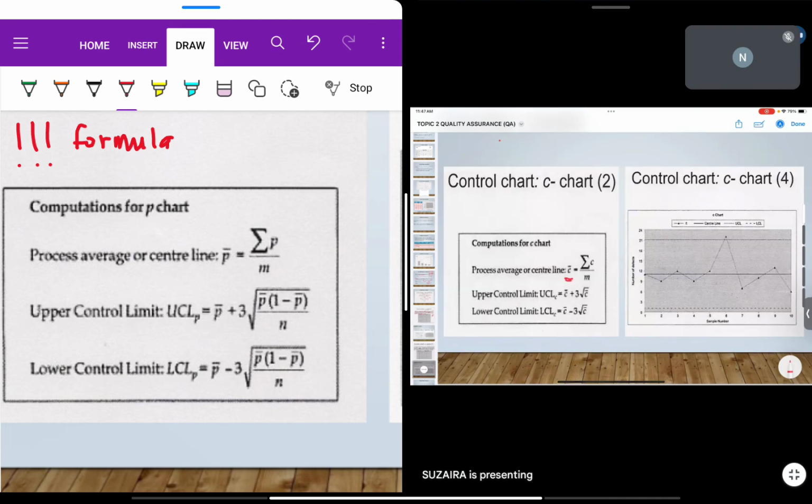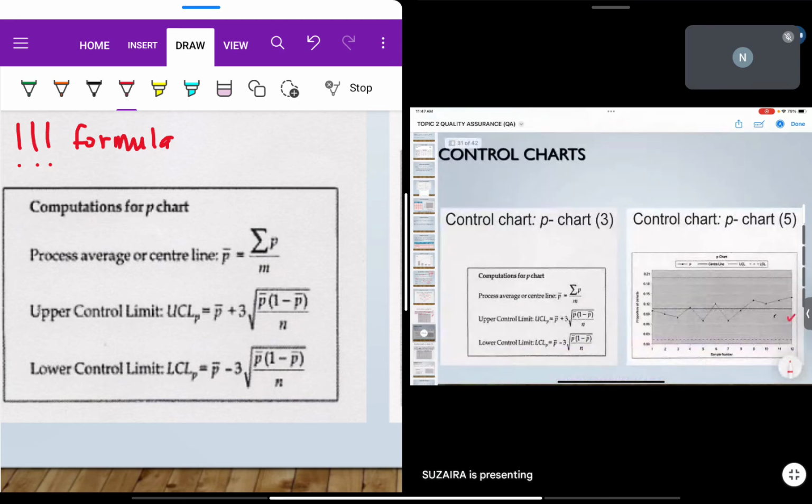If you compare between P and C, you'll have a different equation. So I'll just show you first. In order to calculate the UCL and also the LCL for the P chart, these are the equations. The difference between UCL and LCL is just plus and minus.